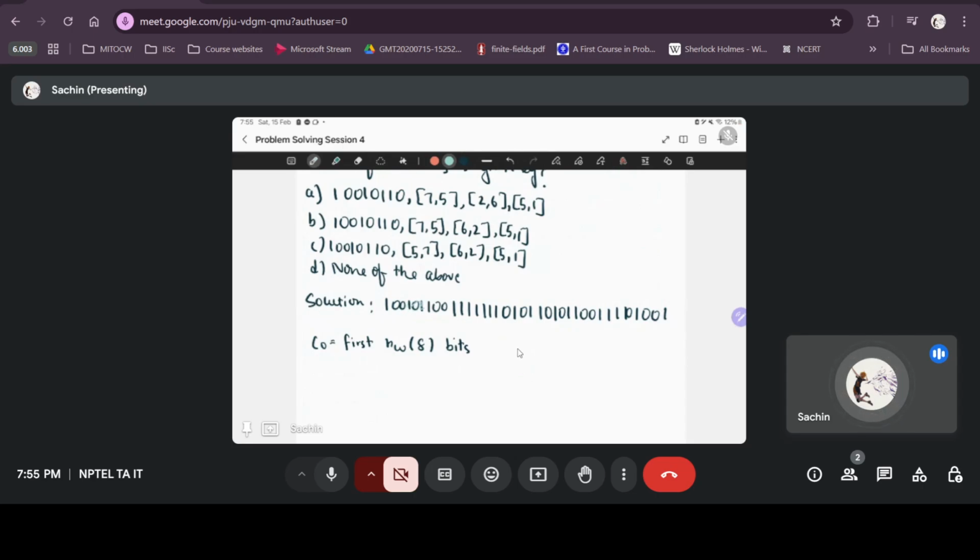So 100 10110. So that is C0. Next we have 01.